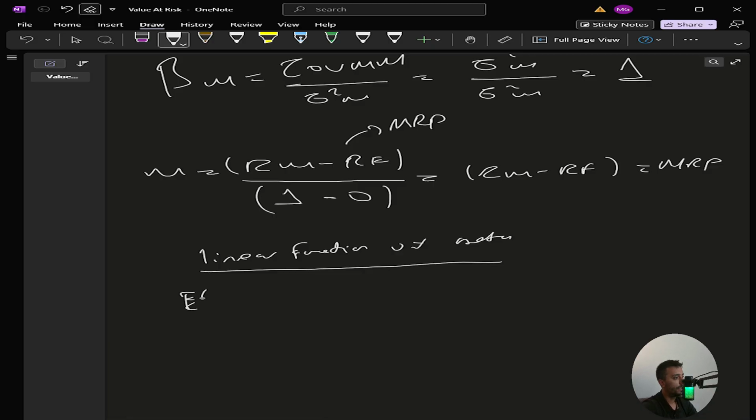We have this formula here: R_A = α + β R_M, recall expected return is a linear function of beta.